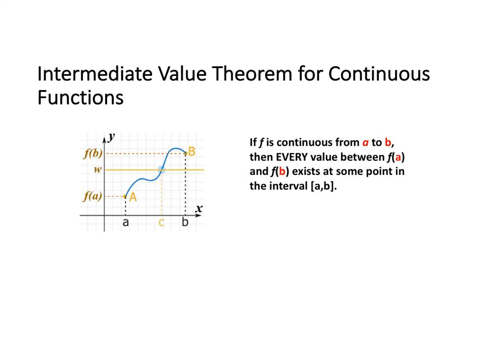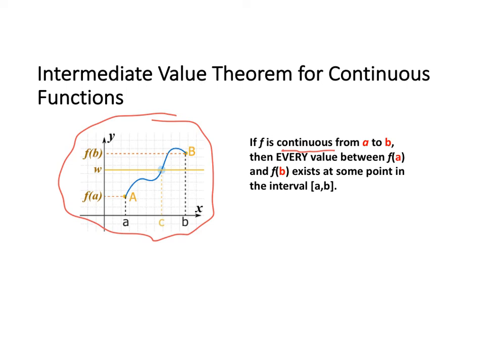Well, now let's look at something referred to as the intermediate value theorem for continuous functions. So let's look at our example here, and then let's look at the description here. So we've got a function f shown in this graph, all right? If f is continuous from a to b, there's no holes, there's no jumps, there's no asymptotes.